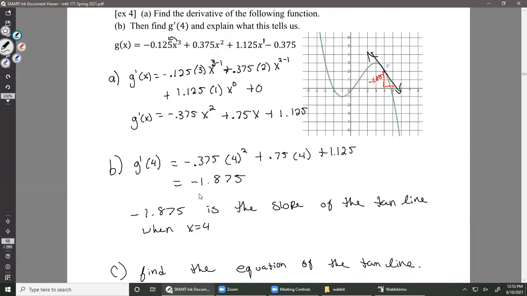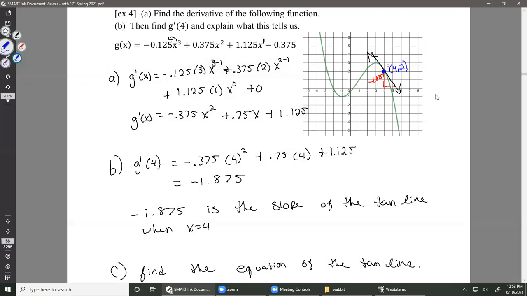If we can pick an x and y, we can solve for b. Notice on our graph that we have 4 and 2. And that 2 isn't exact.